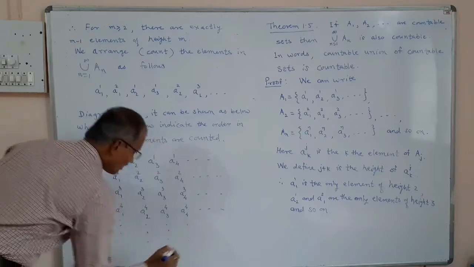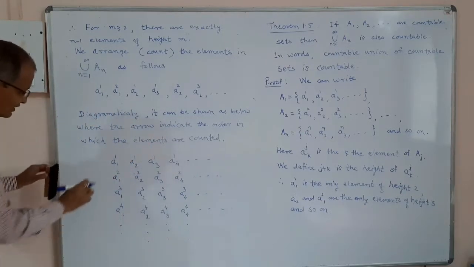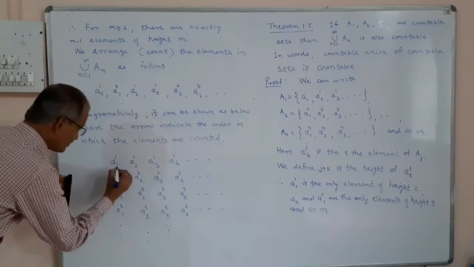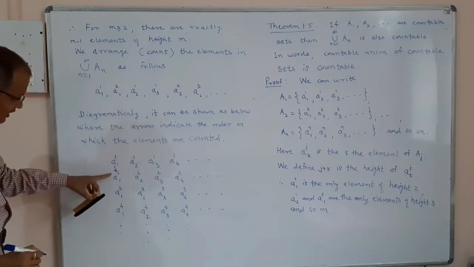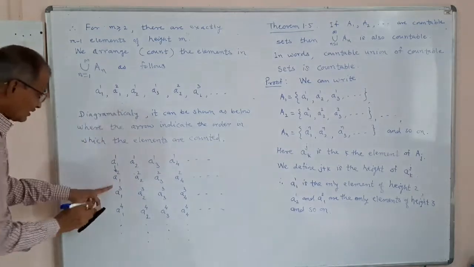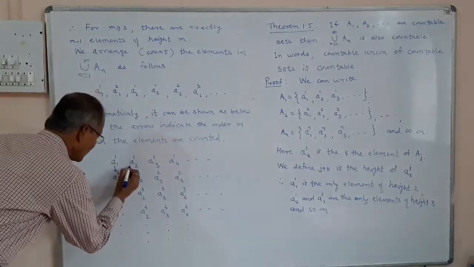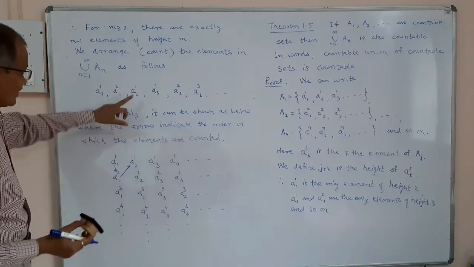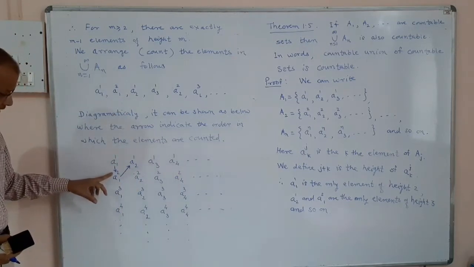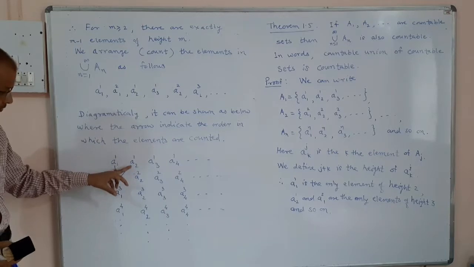See how the elements are to be counted. First count A11, then go downwards, then count A21, then go diagonally, counting the elements of the same height: A21, A11, A21, A12.